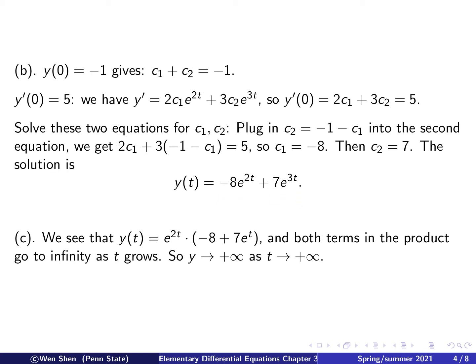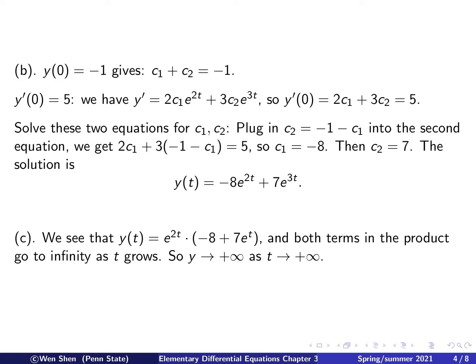So what we do is we think e to the 3t is e to the 2t times e to the t, then we can take out a factor e to the 2t. Then we get (-8 + 7e^t). So we write this into a product of two terms.